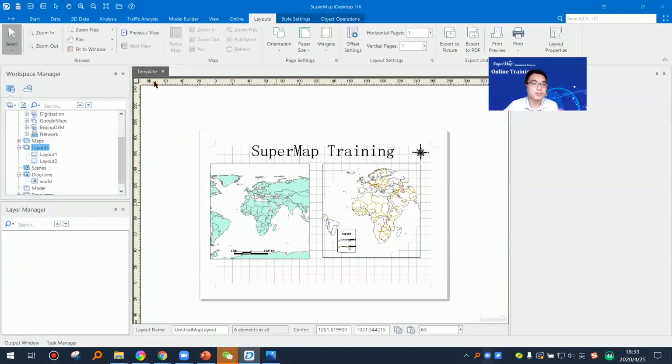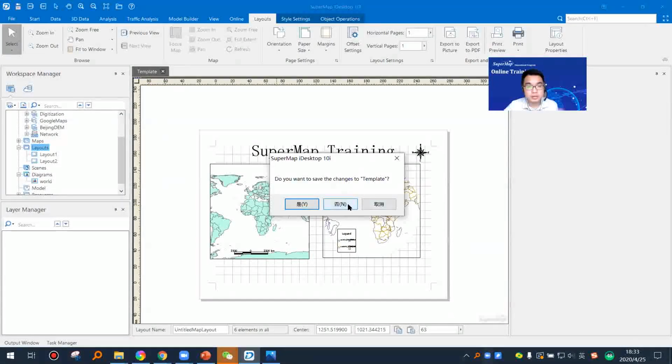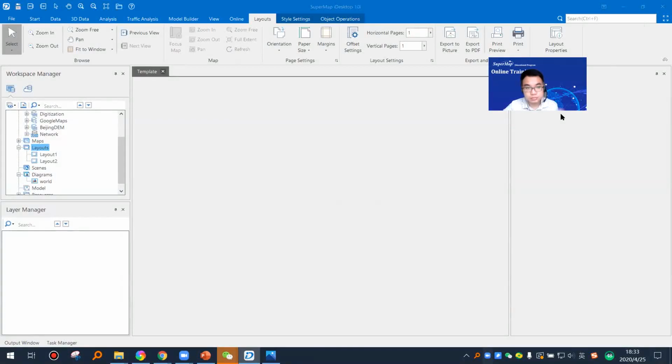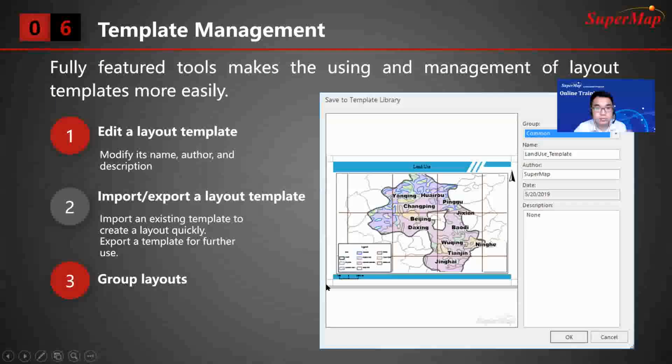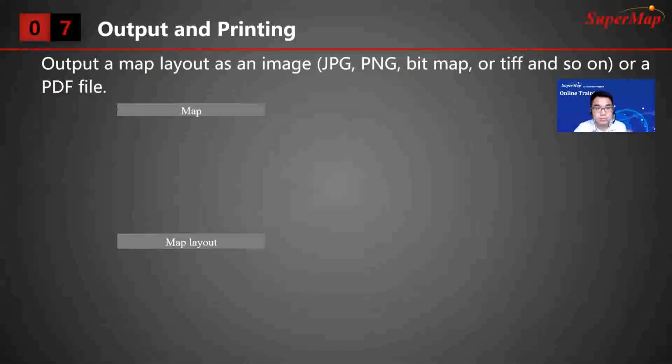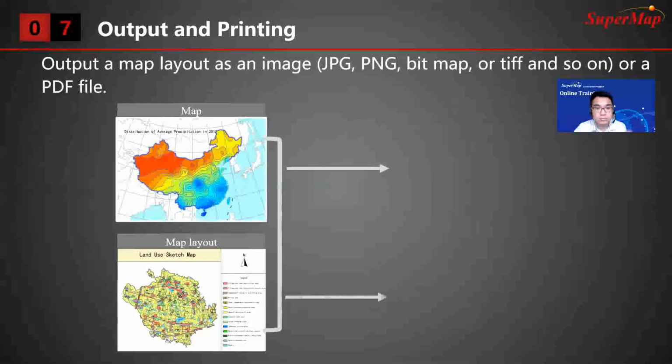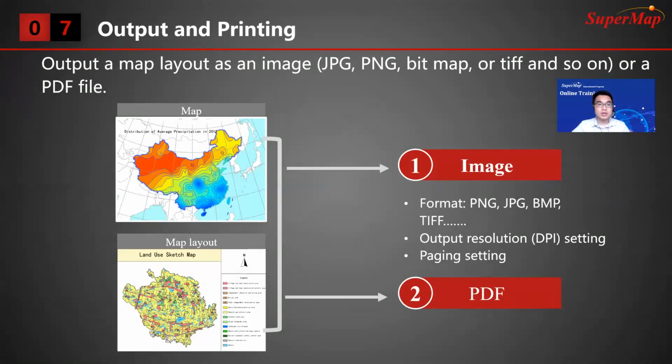So it's here. And for the output, we support the image, the JPG, and the TIFF, and also we support the PDF.